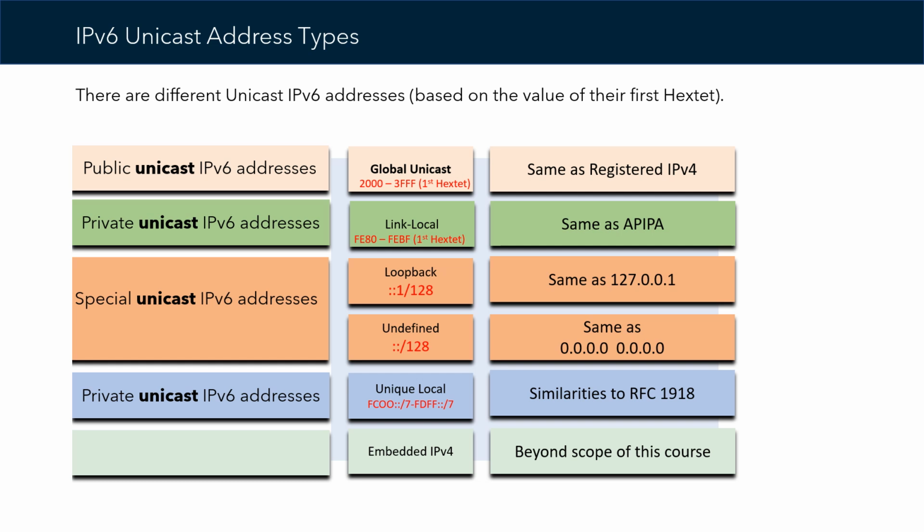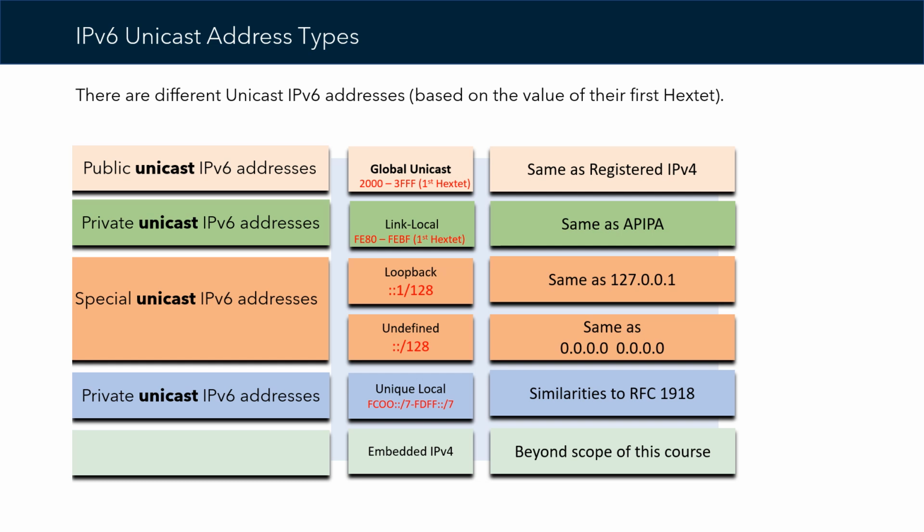There are also some special unicast IPv6 addresses. For example, for loopback, which is the same as 127.0.0.1 in IPv4, we use the IPv6 address ::1/128.